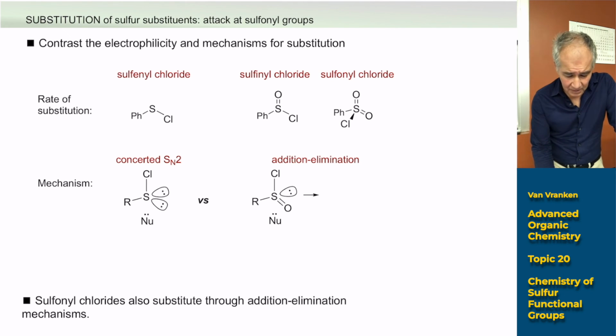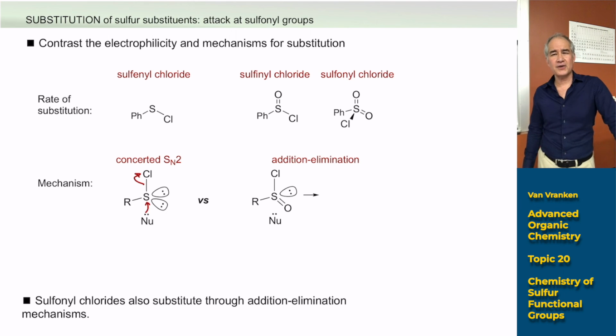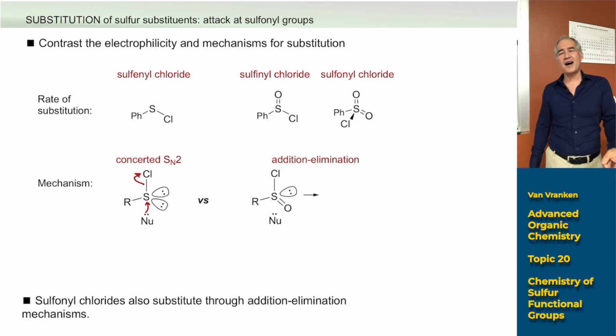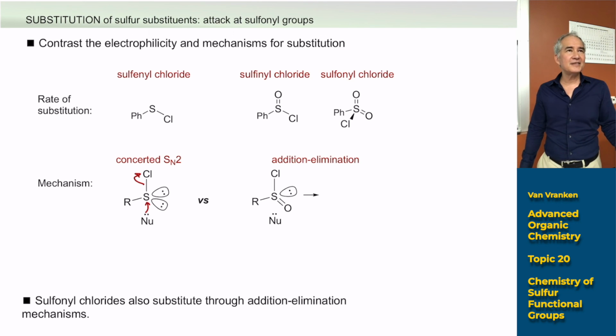So sulfenyl chlorides displace through SN2 reactions. Man, I am oftentimes in this class disparaging SN2 processes at carbon and telling you, oh yeah, that's not a very good reaction. Sigma star on carbon is not very easy to add to. But you take this sulfur-chlorine bond, that long bond to third row atoms, and that bond is easy to displace.